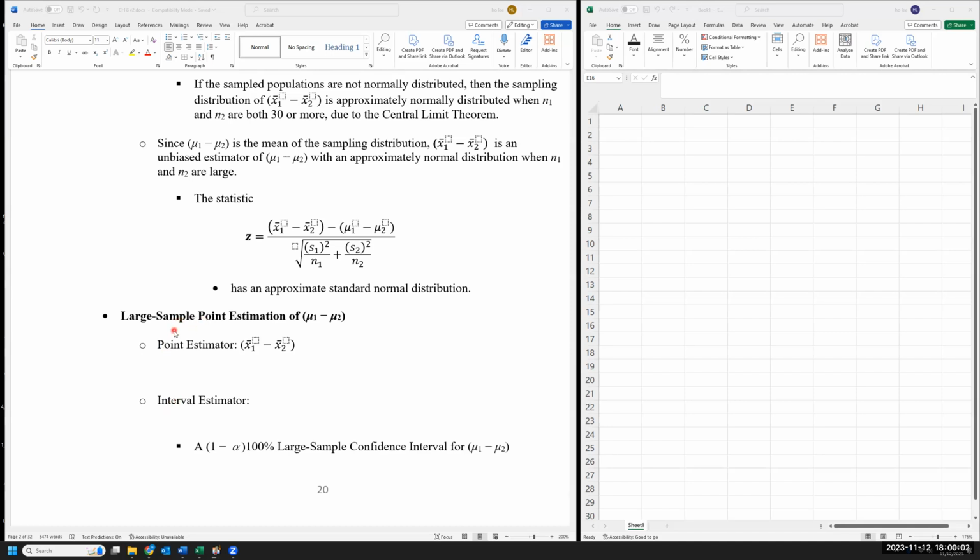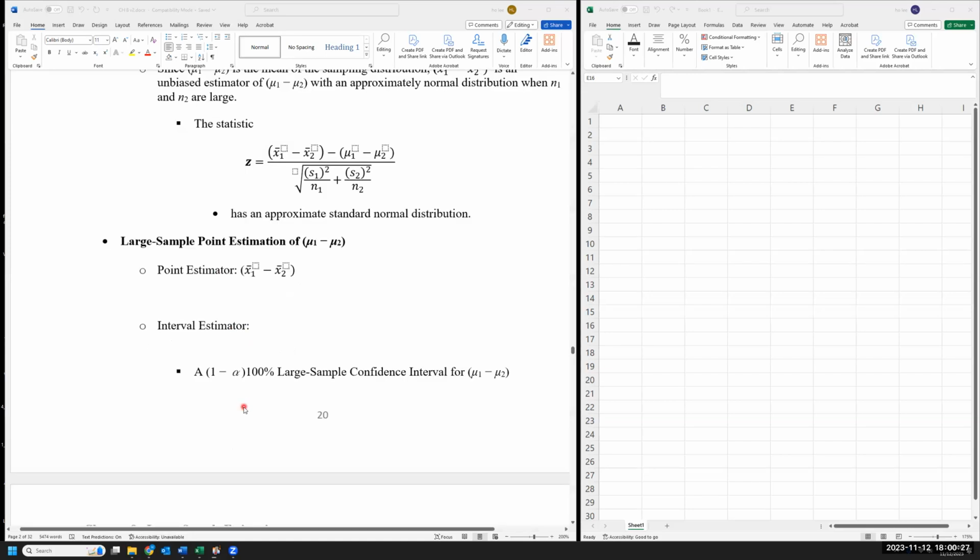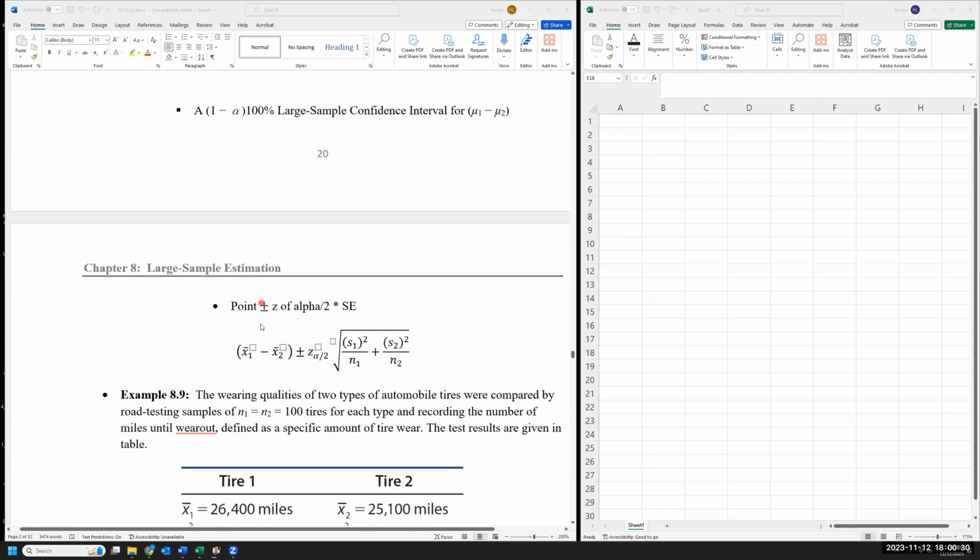Okay, so last, large sample point estimation of mu1 minus mu2. When you estimate the difference in the population averages, well, the point estimator is just the difference in the sample averages, okay? So if we want to just calculate a point estimate, we just take the sample averages. And for the interval, remember, we use point estimate plus or minus z of half alpha times the standard error.